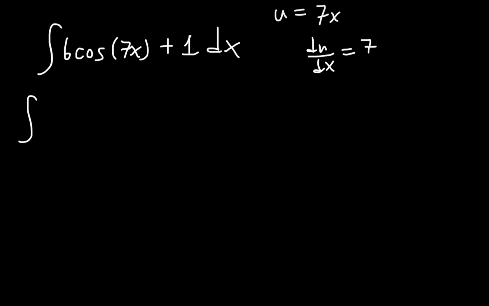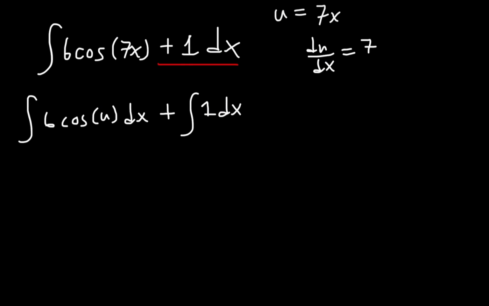So now I have the integral of 6 cosine of u times dx plus the integral of 1 dx. I just separated the integral because there was a plus sign here. And if you see a plus sign, you can always separate it. And now I'm going to solve for dx here.